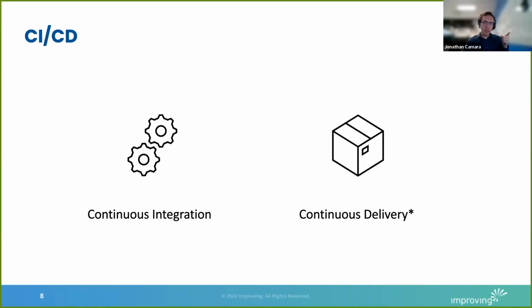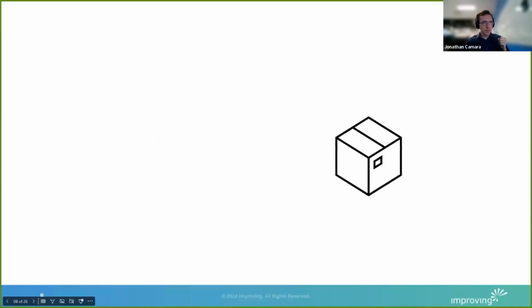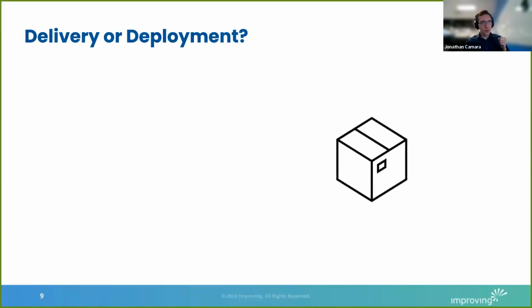But let's talk about that asterisk for a bit. The reason why there's been a little bit of a debate is between whether you should be doing continuous delivery or deployment.